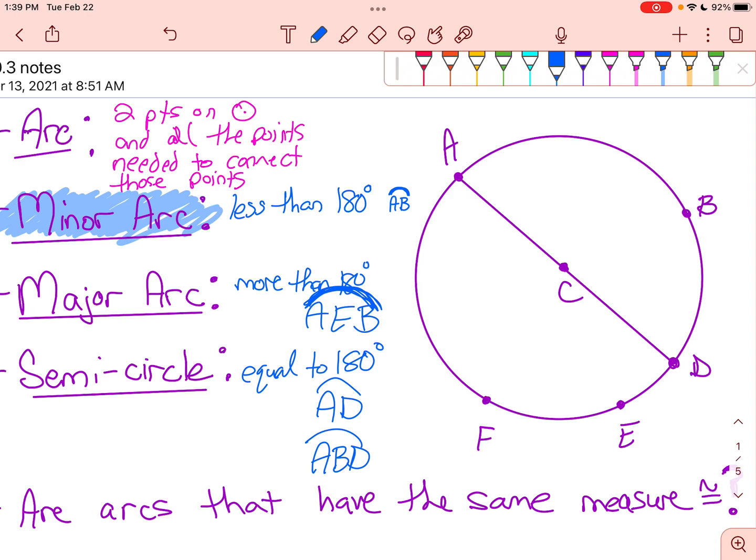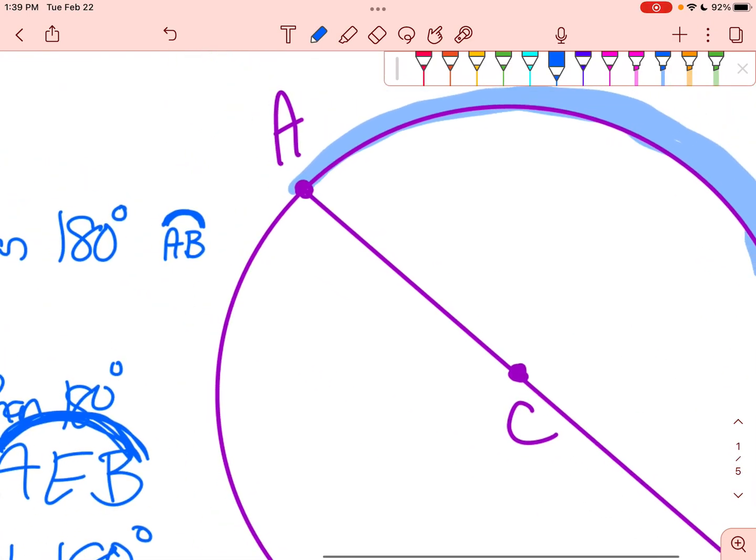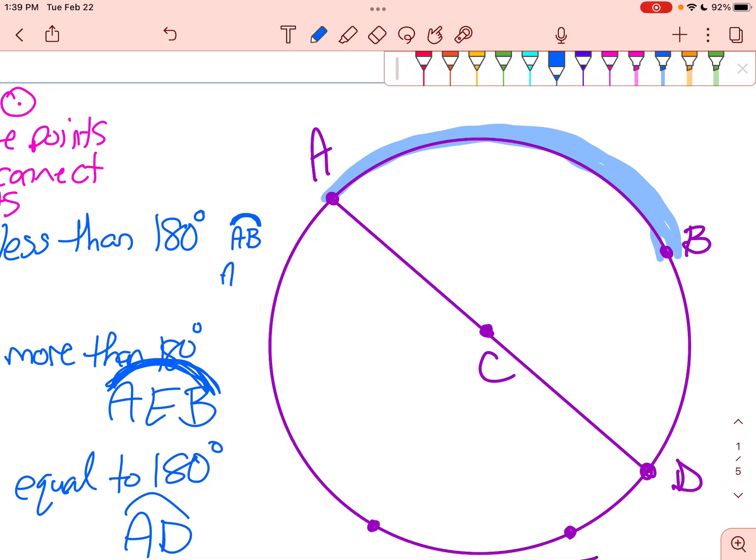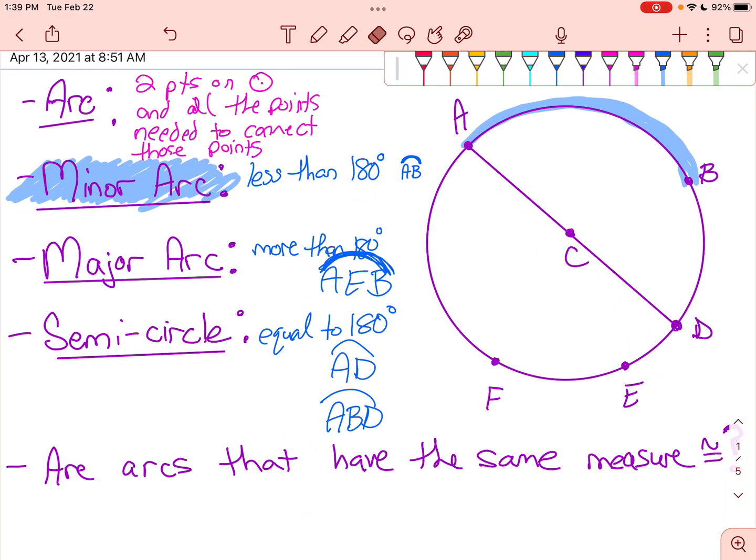That means we're referring to this piece from A to B. So a minor arc is labeled with 2 letters, and that's talking about the crust from A to B. Very different than if you were to see AB with a segment over it, that would be talking about the segment that connects A and B, or the chord. Again, we're talking about arc AB, and that's considered a minor arc.